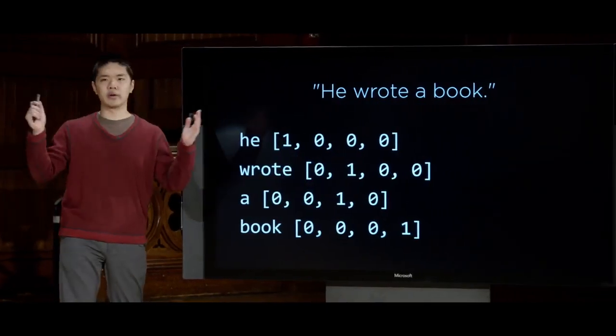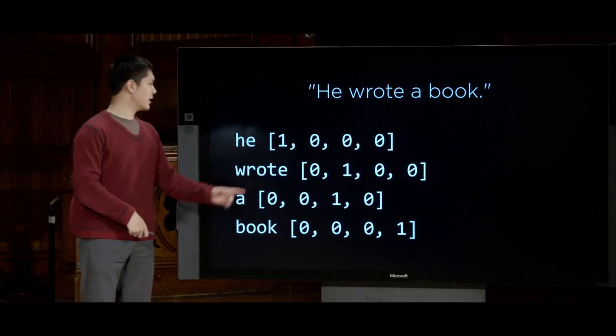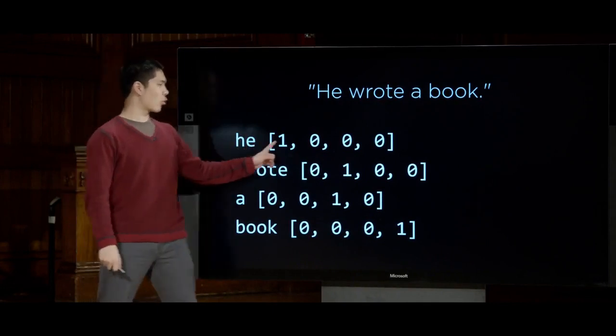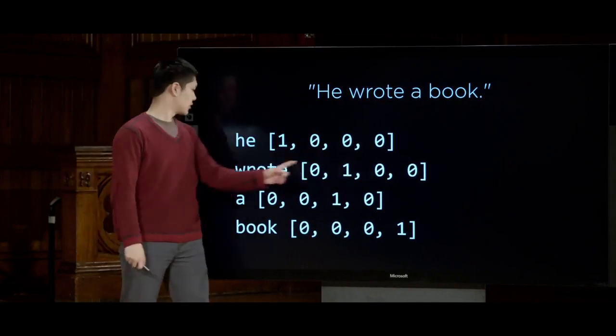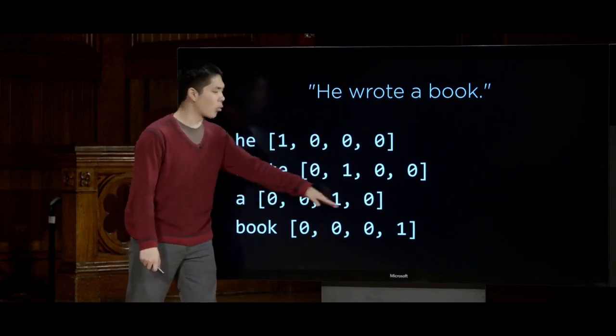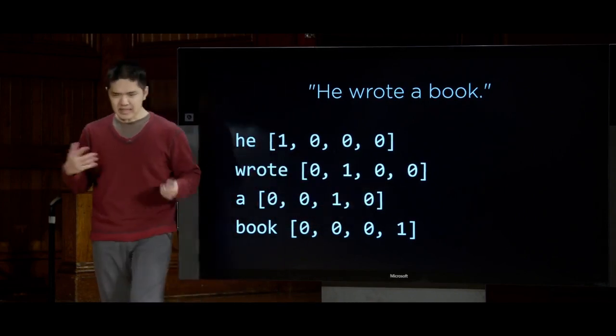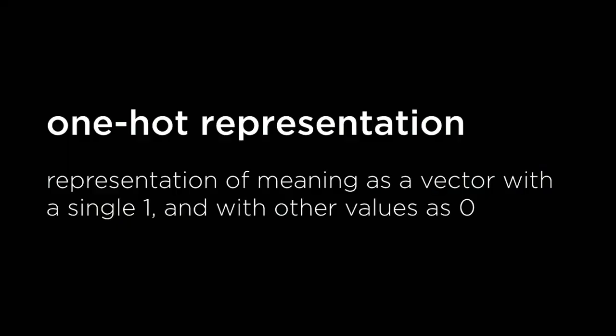If I have 4 words that I want to encode, like he wrote a book, I can just let the word he be this vector, 1, 0, 0, 0. Wrote will be 0, 1, 0, 0. A will be 0, 0, 1, 0. Book will be 0, 0, 0, 1. Effectively, what I have here is what's known as a one-hot representation, or a one-hot encoding, which is a representation of meaning, where meaning is a vector that has a single 1 in it, and the rest are zeros.